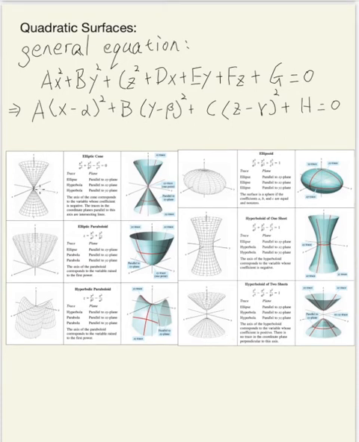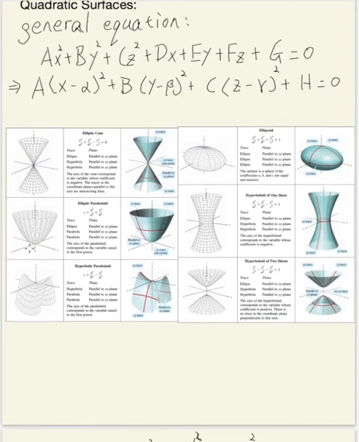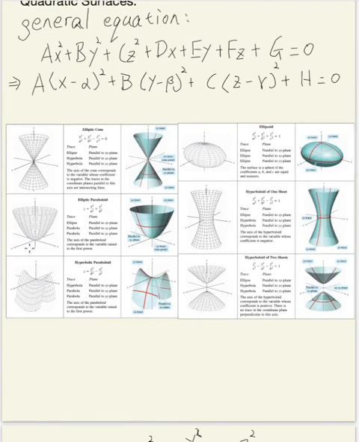Now, how do we know it is a cone instead of, say, a paraboloid, right? If it's an elliptic paraboloid, you also get smaller and smaller ellipses on the cross sections.